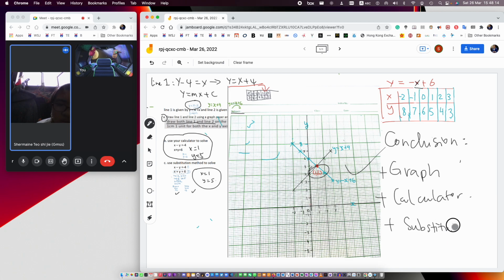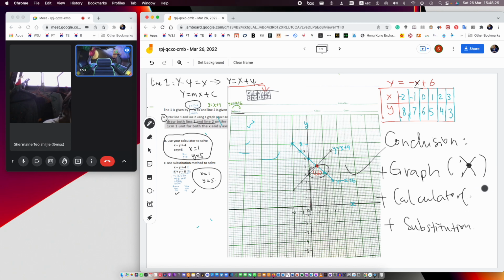The intersection points are all the same. Oh no, for the graph we call that the intersection point, but for the calculator we don't call it the intersection point. For substitution we don't call it the intersection point. So this x equals to 1, y equals to 5. This one is 1, 5.